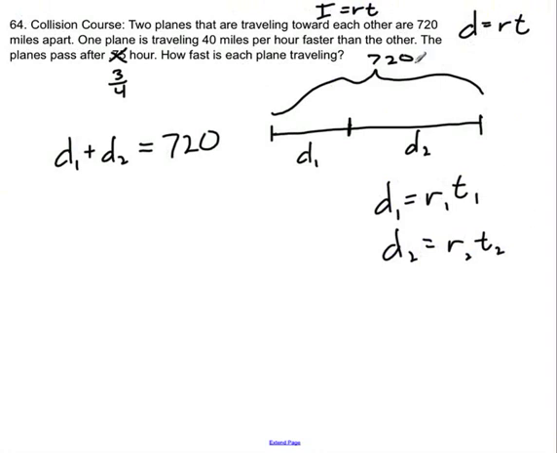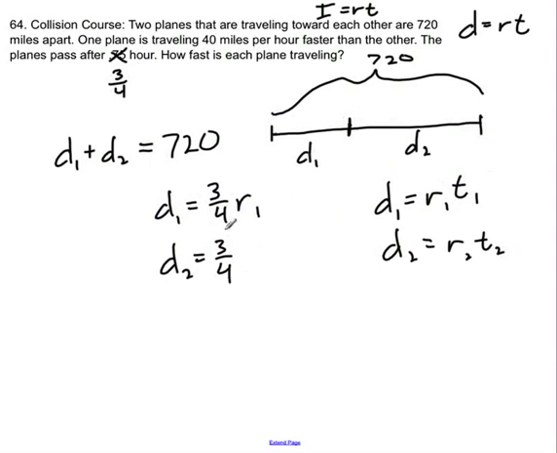Now, we know the time for both of these. We know that d1 is going to be its time, which is 3/4, and I'm just going to leave this as r1. So that's its time times its rate. I just changed it so it looks nicer. d2 is going to be its time, which is also 3/4, because the time traveled to get to here and the time traveled to get here is exactly the same.